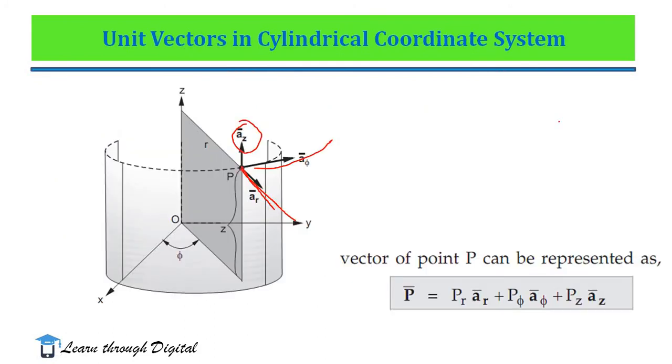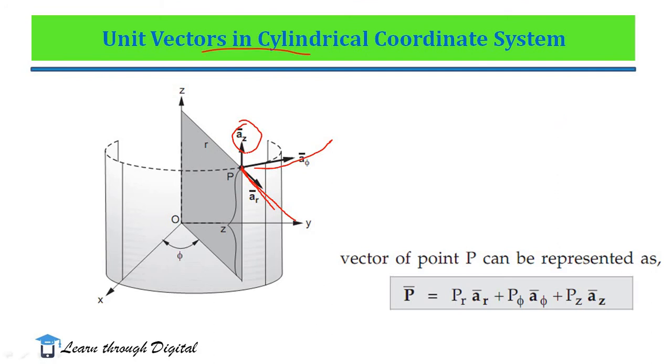Unit vectors in the cylindrical coordinate system are the ar vector, a phi vector, and a z vector, where the ar vector is the unit vector along the r direction, the a phi vector is the unit vector along the phi direction, and the a z vector is the unit vector along the z direction.